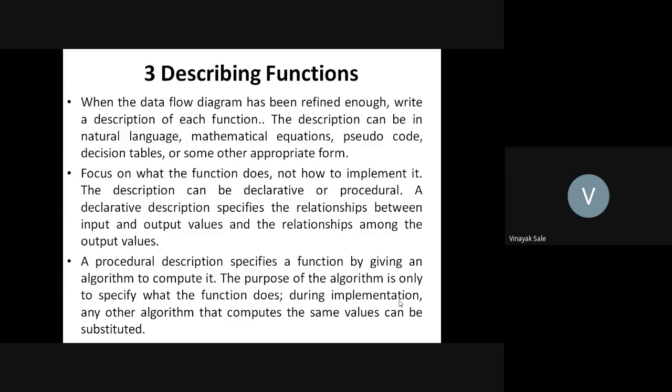A declarative description specifies the relationship between input and output values and the relationship among the output values. A procedural description specifies a function by giving an algorithm to compute it. The purpose of the algorithm is only to specify what the function does. During implementation, any other algorithm that computes the same values can be substituted.